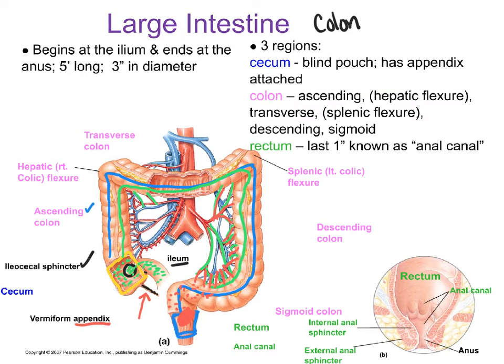This actually kind of acts like a bacterial storehouse, so that when necessary, some of those bacteria can make their way into the large intestine, kind of repopulate the large intestine with certain bacteria that are necessary depending on what your body needs.